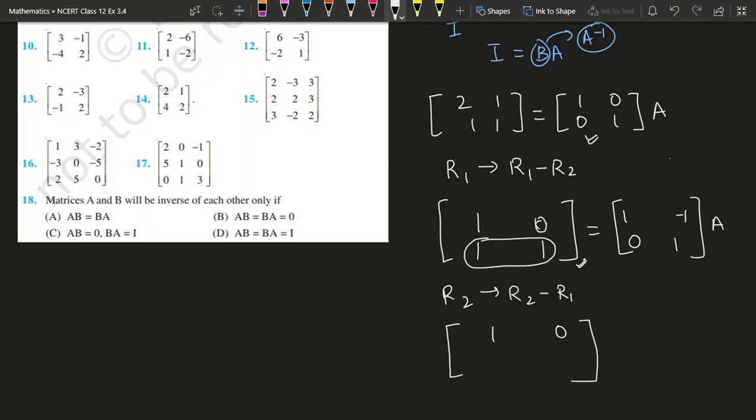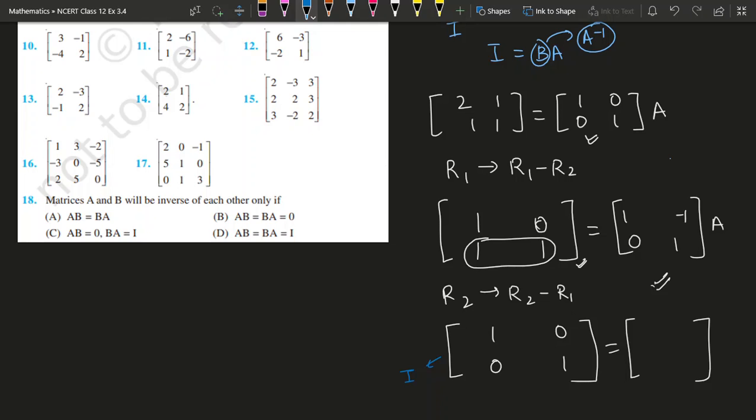Row 2 will now become 1 minus 1 and 1 minus 0. So 1 minus 1 is just 0, and 1 minus 0 is 1. And you do the same operation on the second matrix that you have here. Let me write that in color because that will be the answer. This already is the identity matrix, so whatever comes here would be the answer to this problem.